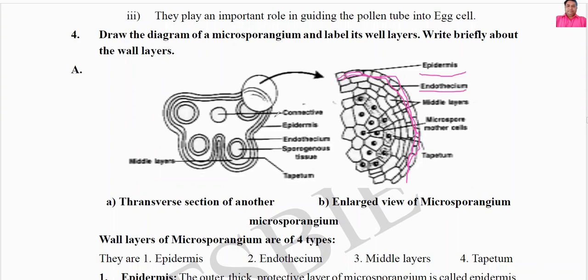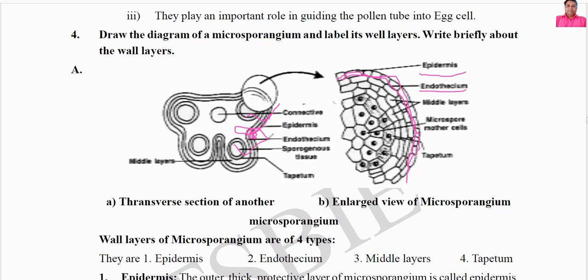Here you can see between two chambers, this is one chamber, this is one chamber, there will be the stomium. Here the epidermal cells are thin. Whenever the microsporangium develops the pollen grains and is ready to release, it will break near the stomium, where the epidermal cells break easily, and it disperses the pollen grains from this region.